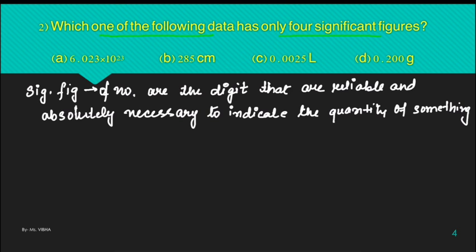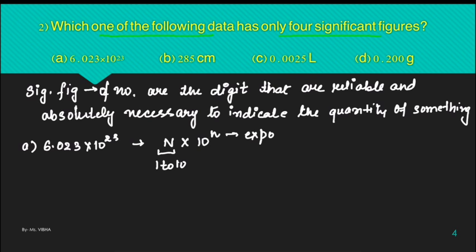So the first number we have is 6.023 into 10 raised to power 23. This is a number given in scientific notation, and the scientific notation is N into 10 raised to power n, where capital N lies between 1 and 10, and this n is the power or the exponent.